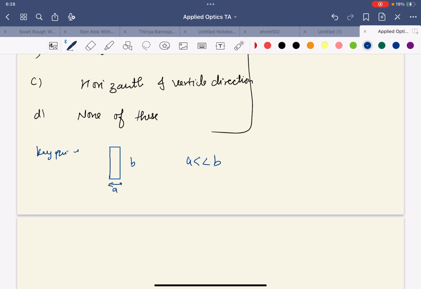So it will bend more in A compared to B.